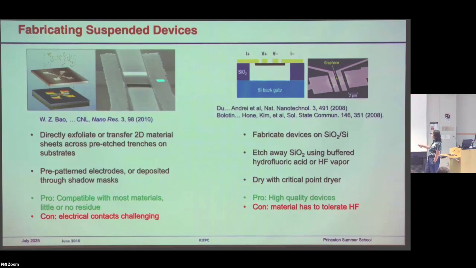With a shadow mask, it's hard to make the features very small, usually limited to about half a micron. In this case, you have a little more flexibility in the device geometry. The flip side is that the device has to tolerate the etching.